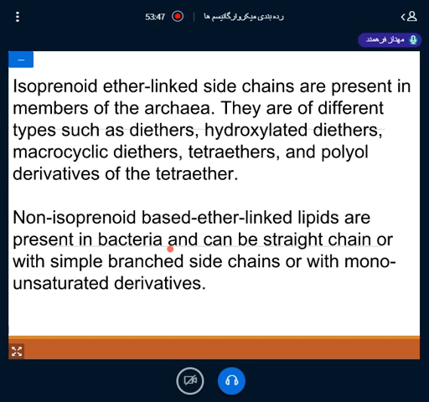Non-isoprenoid-based ether-linked lipids are present in bacterial cells. So isoprenoids are observed in archaea, and non-isoprenoid lipids are observed in bacteria. Isoprenoid is instead of fatty acids in archaeal cells.